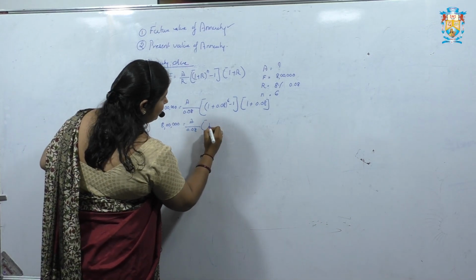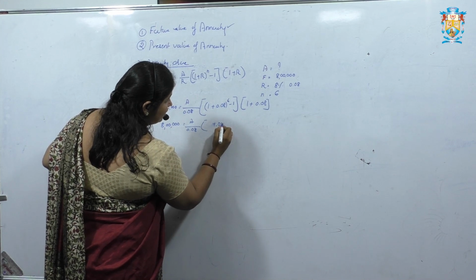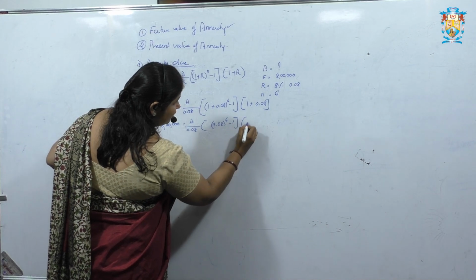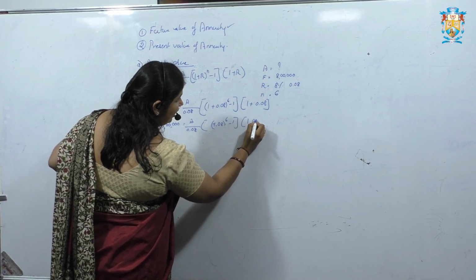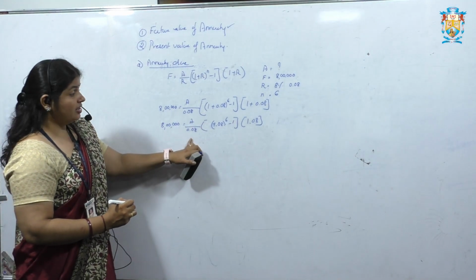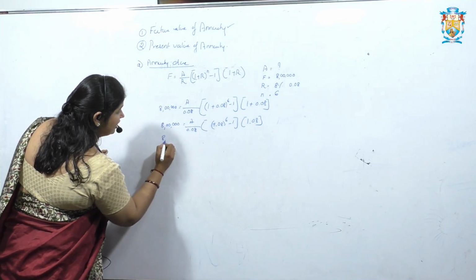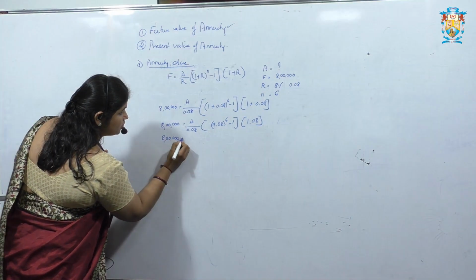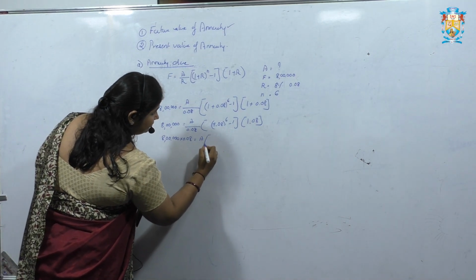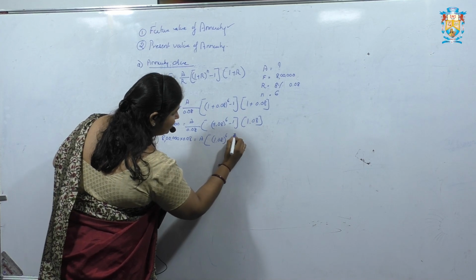Here the denominator is 0.08. When it crosses the equal sign, it will be multiplication. So 8 lakh into 0.08 is equal to 64,000, equal to A into 1.08 whole to the power of 6 minus 1, into 1.08.